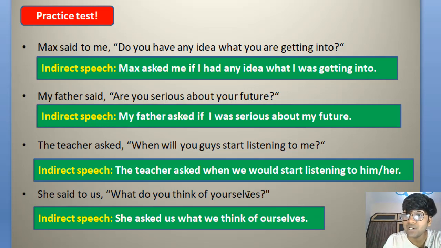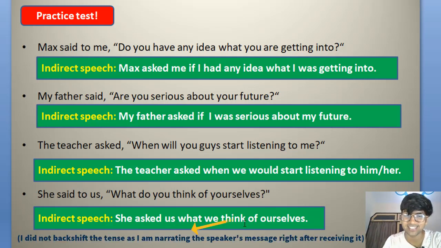"Selves" is a plural reflexive pronoun. It includes a lot of people. So this "you" refers to a group of people where I am a part of the group. She asked us what we think of ourselves. Simple. I hope you guys got this.